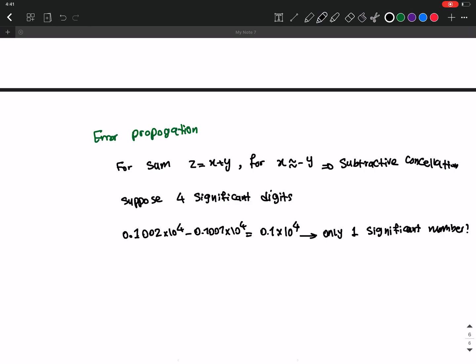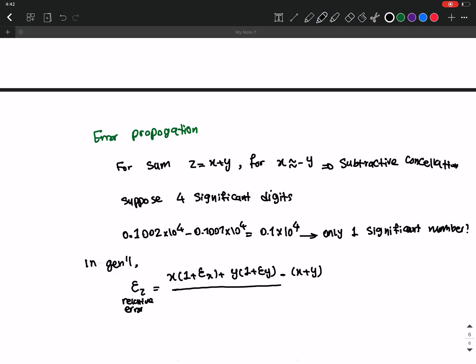So in general, we can write the relative error of z, a summation, as x(1 + relative error of x) plus y(1 + its error) minus x plus y, the actual numbers.